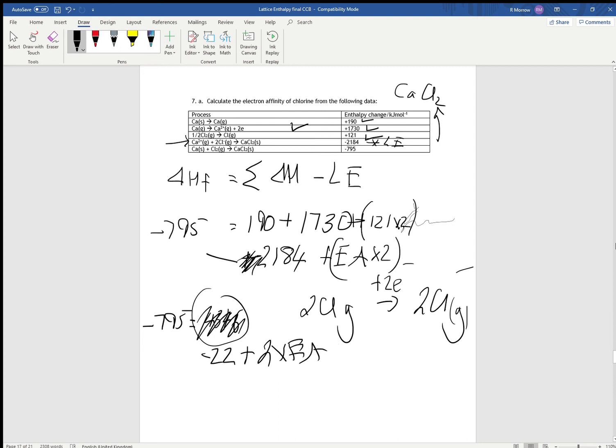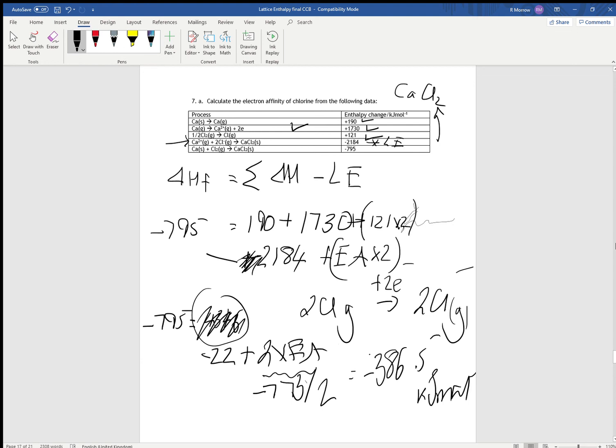So the energy gap that I'm missing here at the minute comes out at minus 773. But remember, I've got to divide that down by 2, and that gives me an energy value for the electron affinity of minus 386.5 kilojoules per mole.